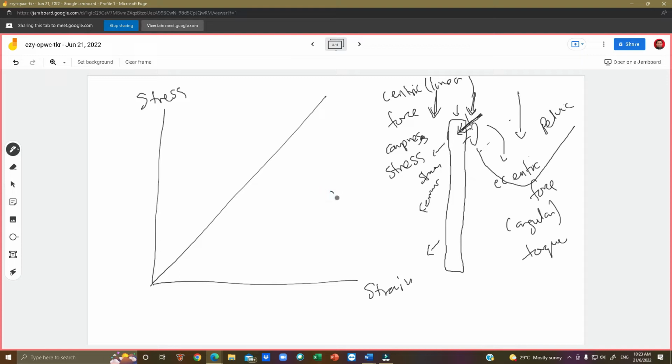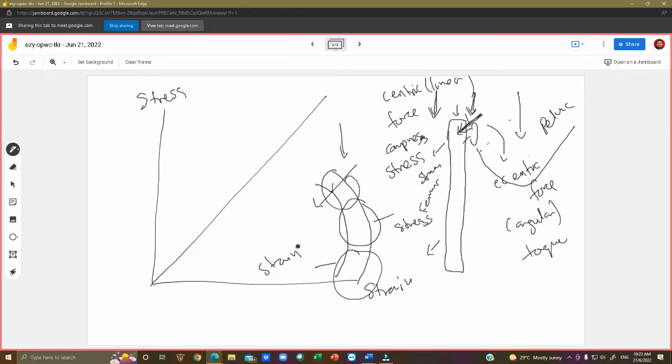Ini kita visualize lah. The bone is not bending like this, but the force makes the bone to have those kind of bend. So at here, you're going to have the most stress. At this part, you are going to get strain.